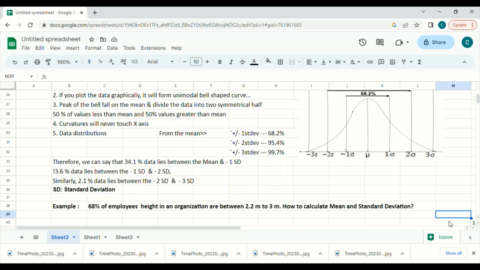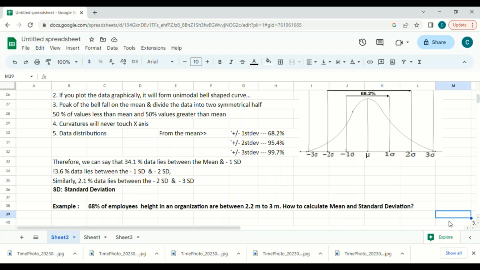Similarly, 2.1% of data lies between minus 2 sigma to minus 3 sigma, and the same amount lies between plus 2 sigma to plus 3 sigma because of the symmetrical half.